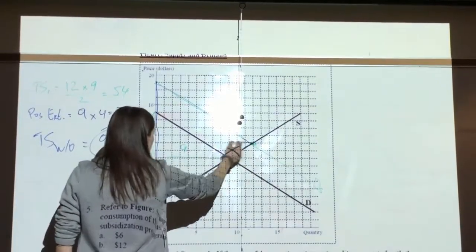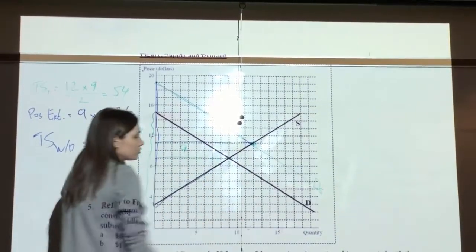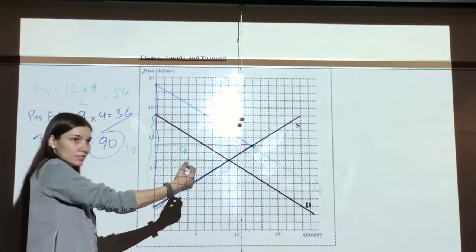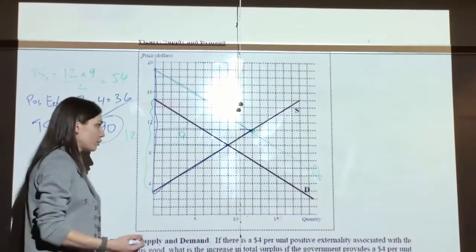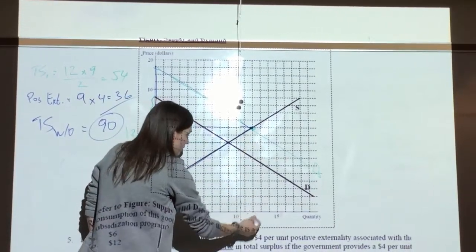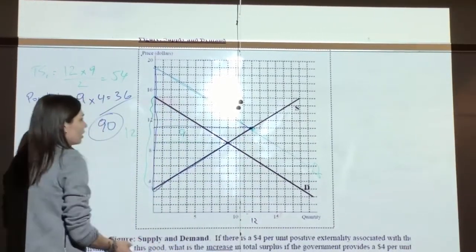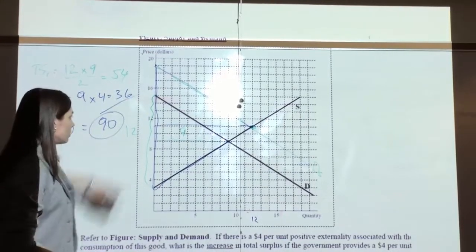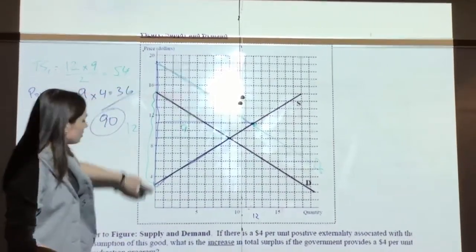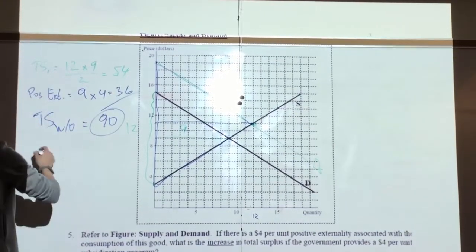Well, the height is the quantity, the socially optimal equilibrium quantity, and we see that it's higher than before the intervention. This is 12. And then the base of this triangle is, what is this, 19 minus 3, 16.